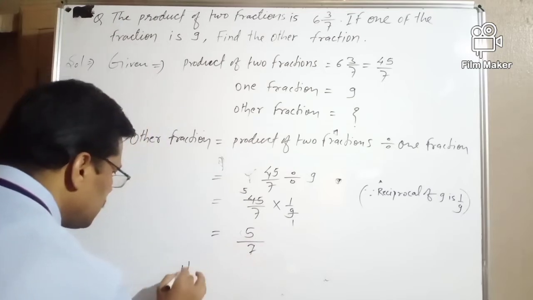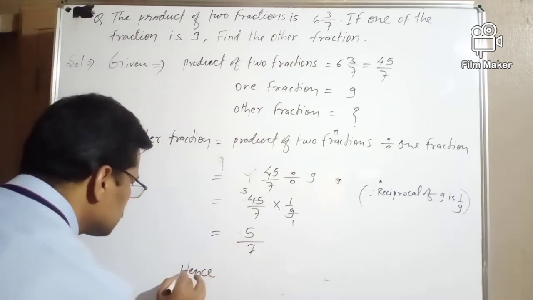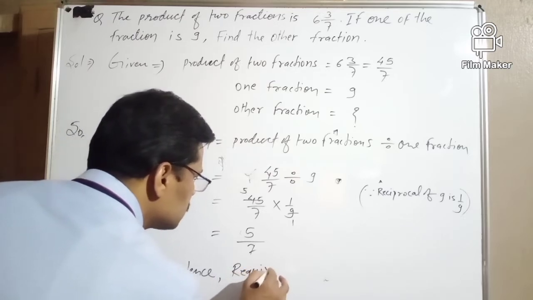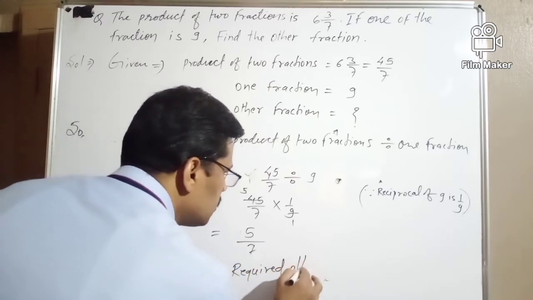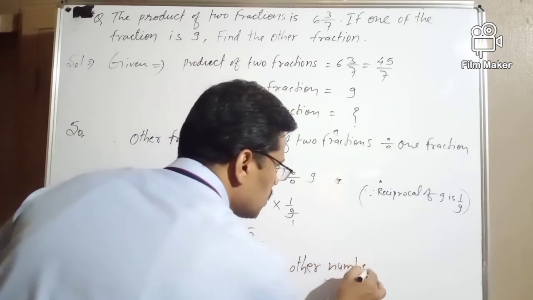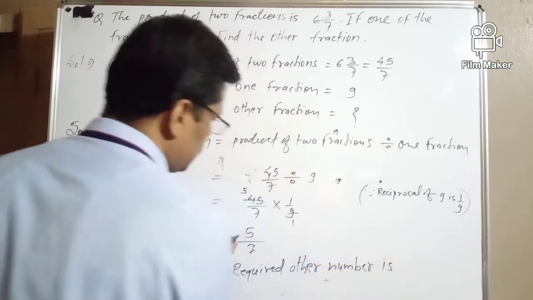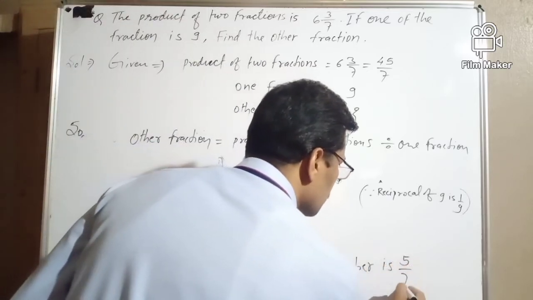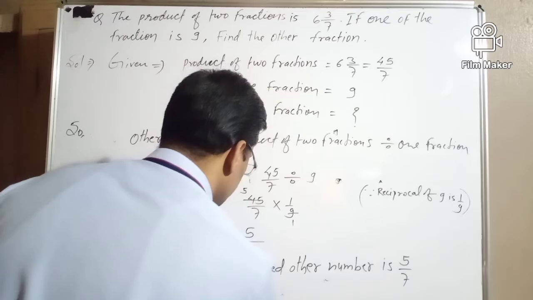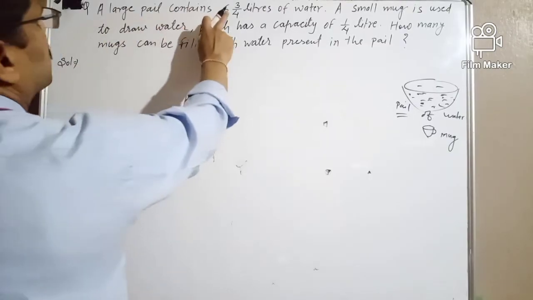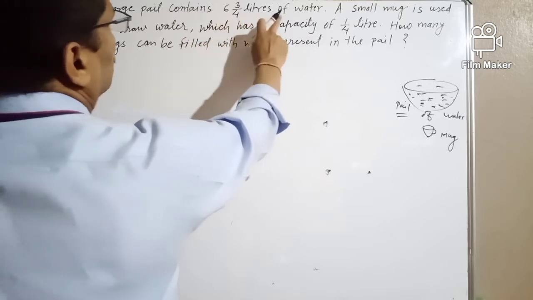At last you can write, hence the required other number is 5 upon 7.